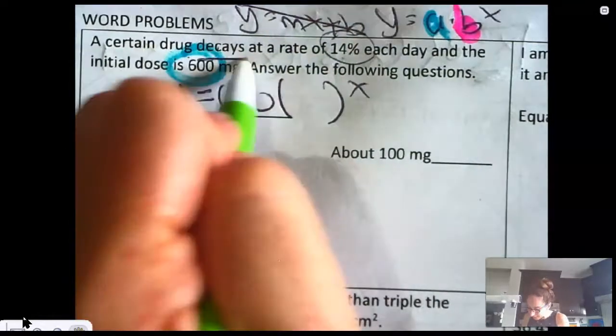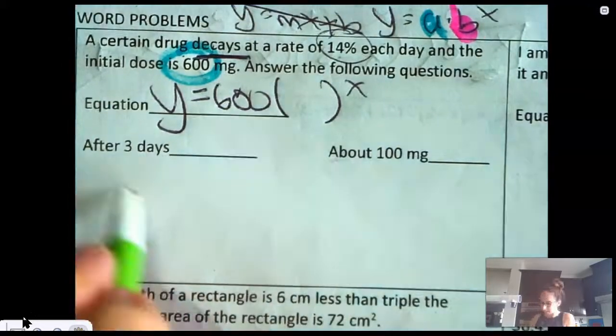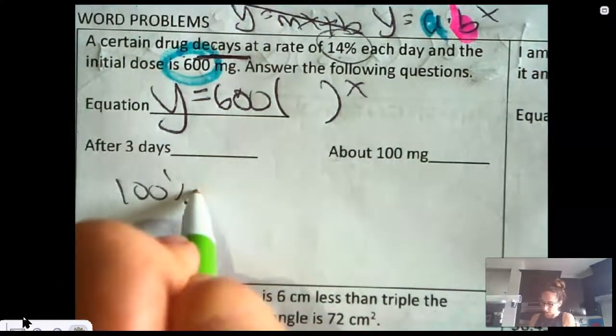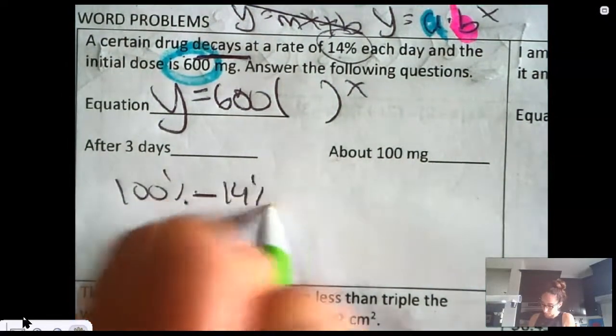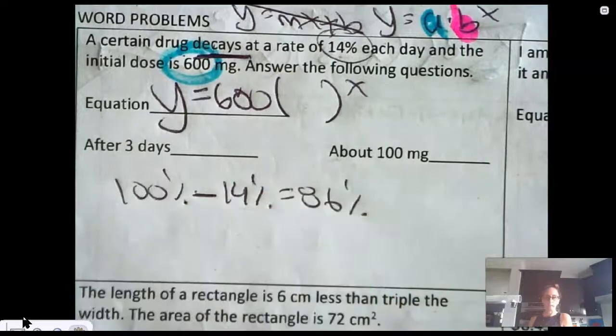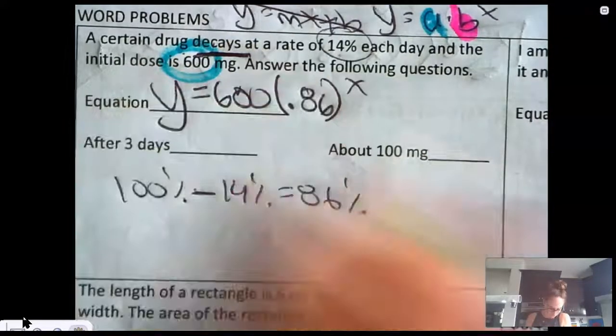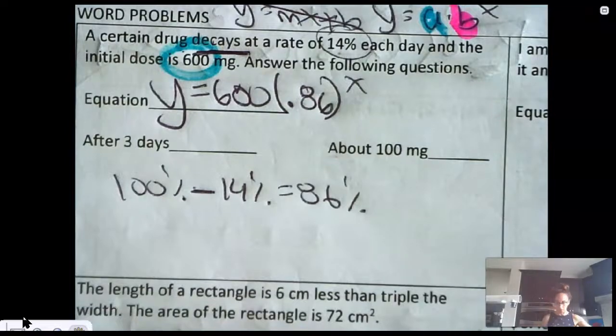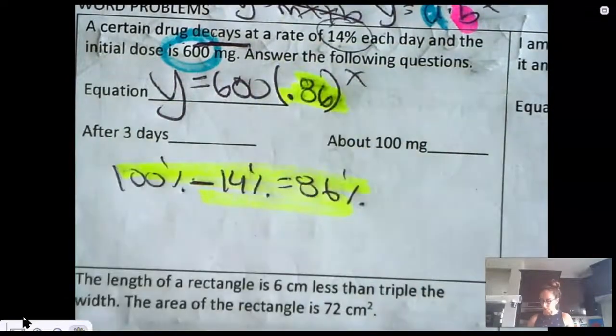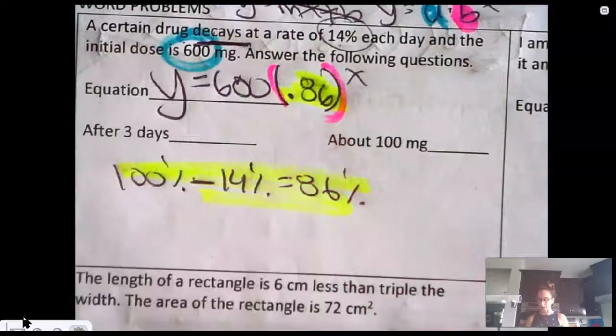Now it says it decays. Decays means that it's not at 100% anymore. It goes down by 14%, which is 86%, which is 0.86. So what I want you to see is how I got this 0.86, but I want you to know it is the pattern.